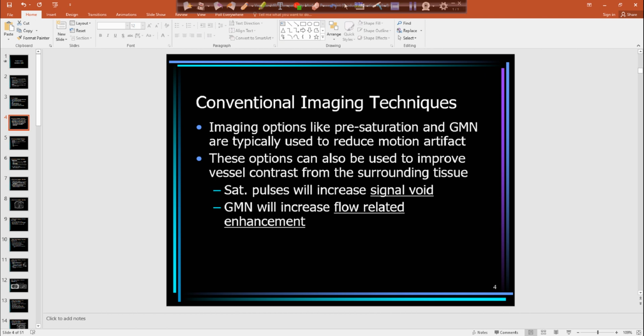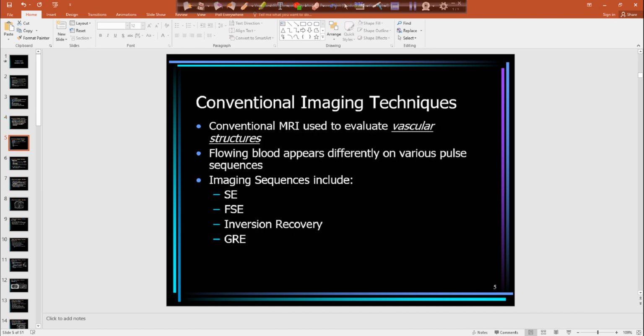Gradient moment nulling will increase blood flow because it corrects for intravoxel dephasing. So it puts that signal back into that vessel that otherwise would have streaked across our image. So those are just some imaging options to either reduce signal from blood or increase signal from blood in a particular vessel.